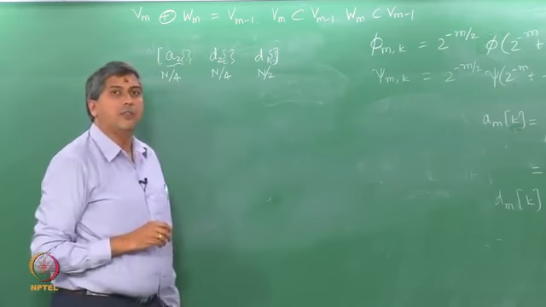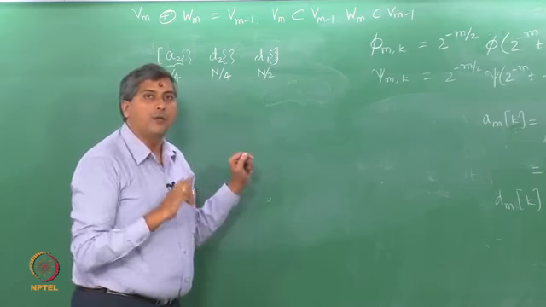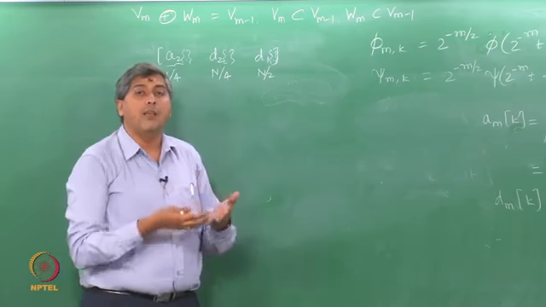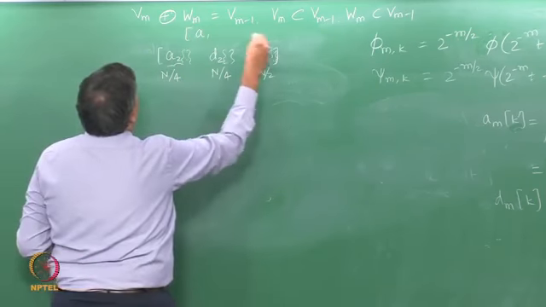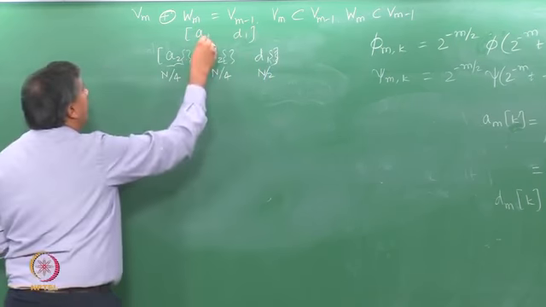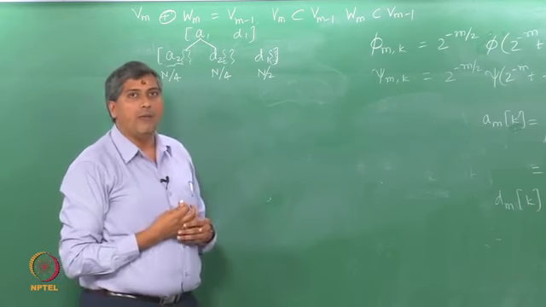That is a consequence of downsampling. In arriving at D1, we have downsampled once by a factor of 2. In arriving at A2 and D2, we have downsampled twice, because A2 and D2 are coming from A1 alone. Of course, at level 1 I would have A1 and D1, but A2 and D2 are taking birth from A1.